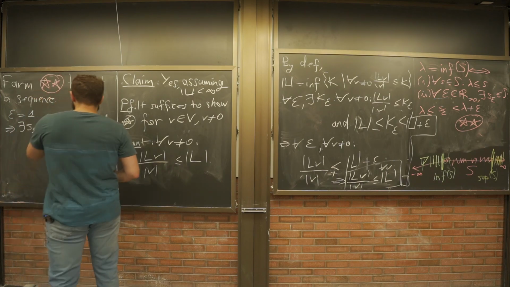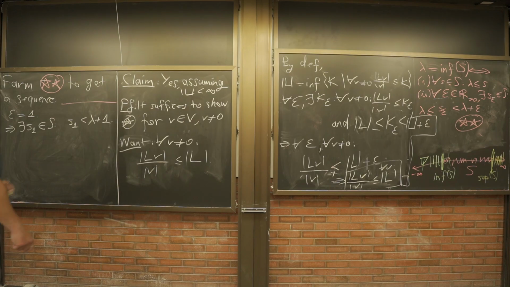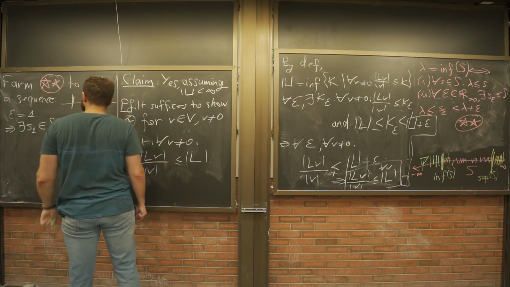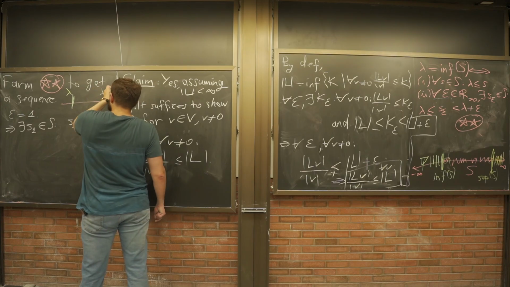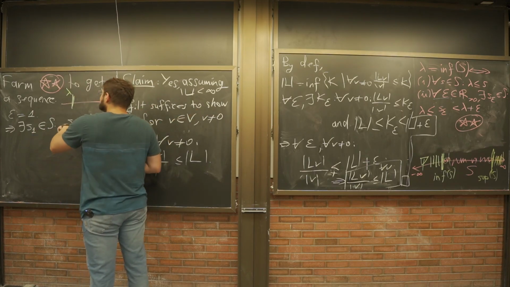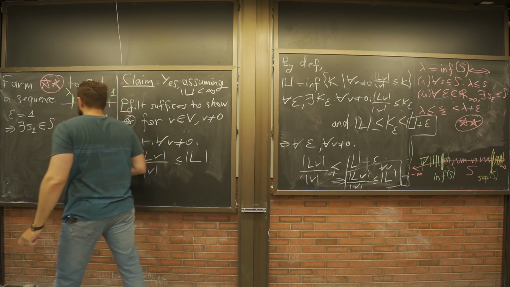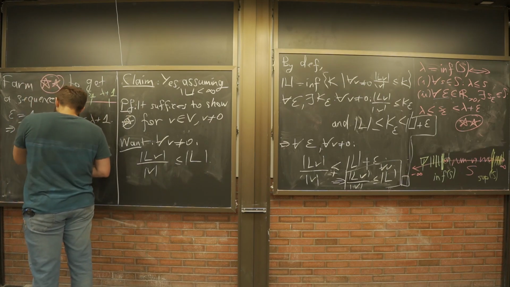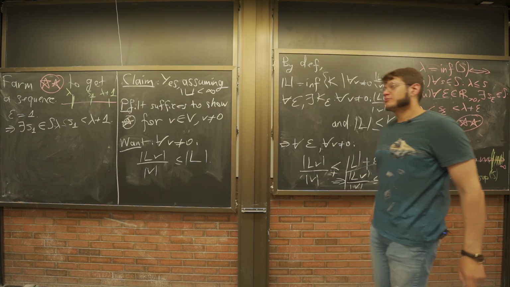Okay, so in our picture, this is what is happening. I have here this infimum, it's the lambda. Now I look at lambda plus 1. The definition of the infimum guarantees the existence of this S1. Technically, this S1 could be equal to the infimum at this point.